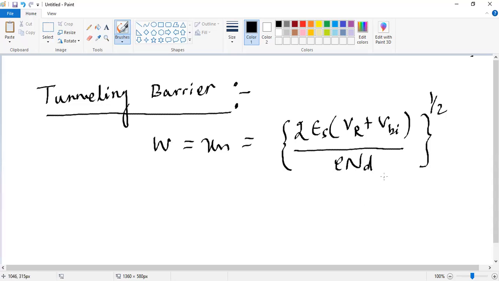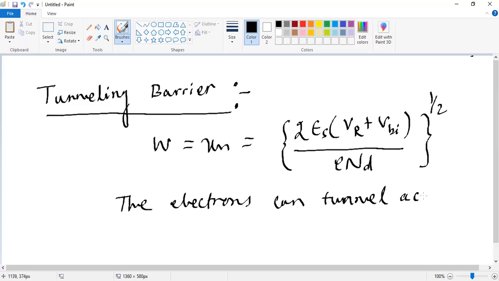So if you increase the doping concentration, the width of the depletion region will decrease. And the electrons here can tunnel across the barrier. That's the reason we call this phenomenon the tunneling barrier.